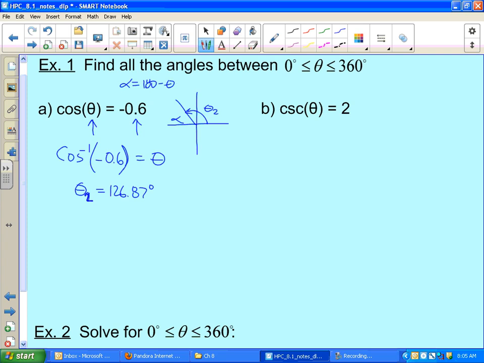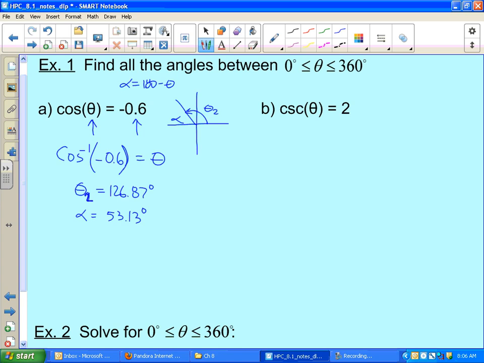So if we did that, 180 minus 126.87 gives us a reference angle of 53.13 degrees. So our main objective of our inverse is to find these reference angles so that I can put myself in all the appropriate quadrants, whether I'm positive or negative, for a respective trig value.